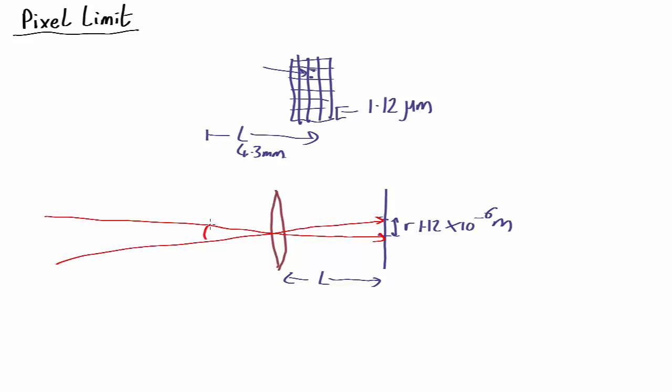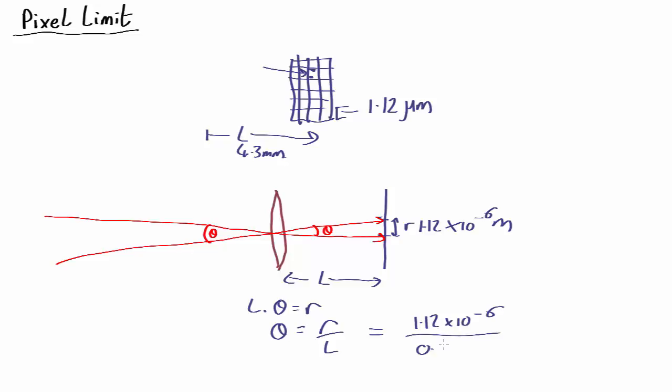What we want to know is what's the angle here between those two. Now, opposite angles are equal, so that must be the same as this angle here, theta. And so using the small angle approximation, if you remember, L times theta equals R. So theta is just R over L, which is equal to 1.12 by 10 to the minus 6 over 4.3 millimeters.